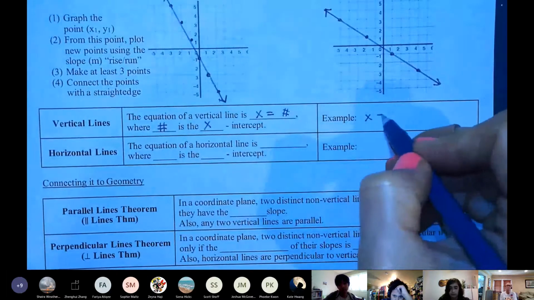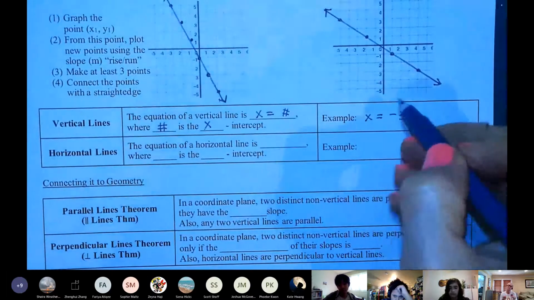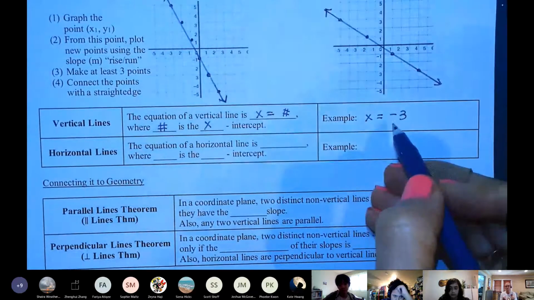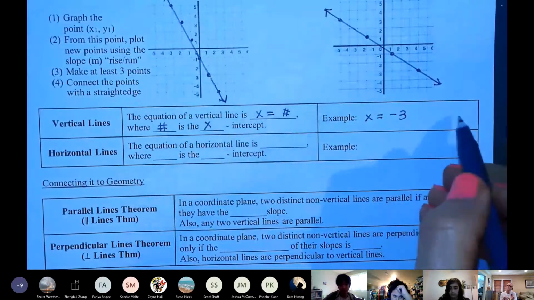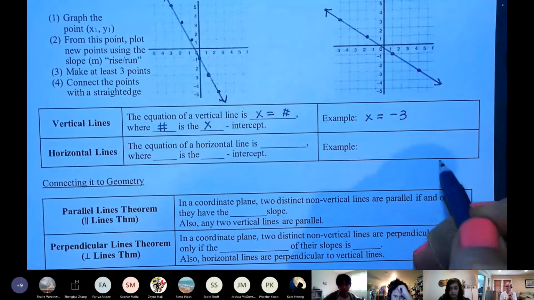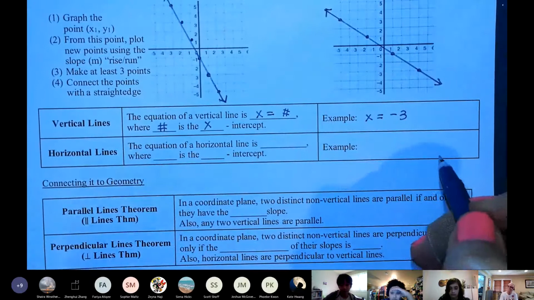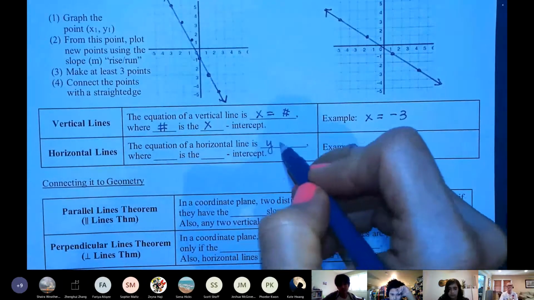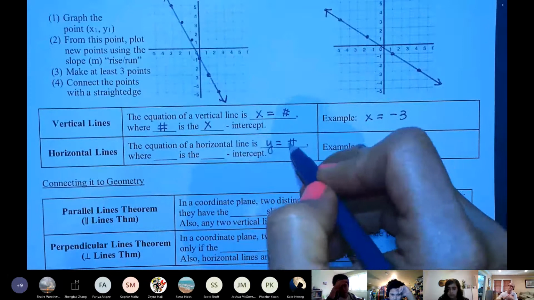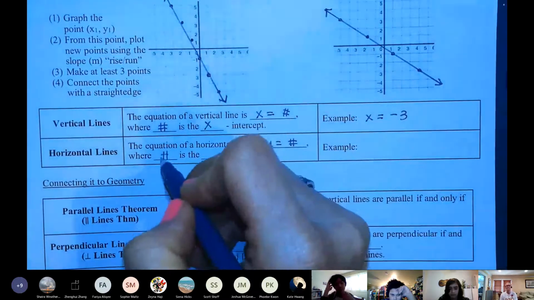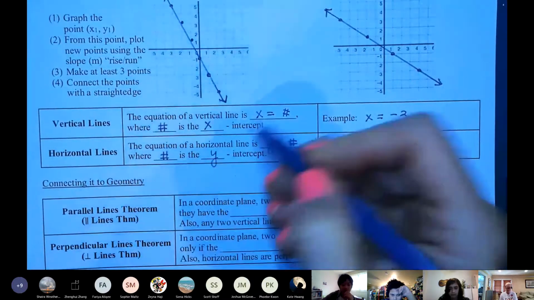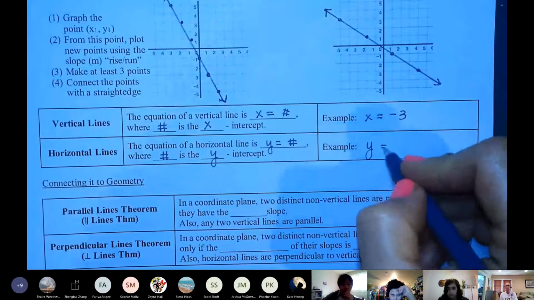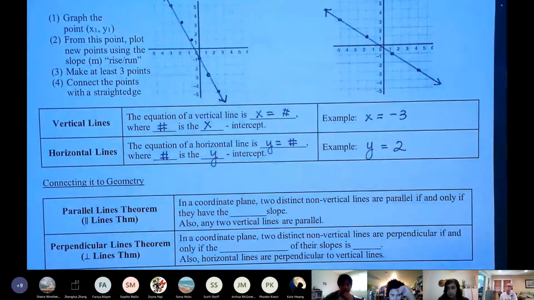So example, x equals -3 is a vertical line. It would be up and down on the line where x equals -3. A horizontal line, sideways, has an equation of y equals a number, where that number is the y-intercept. So an example would be y equals 2.